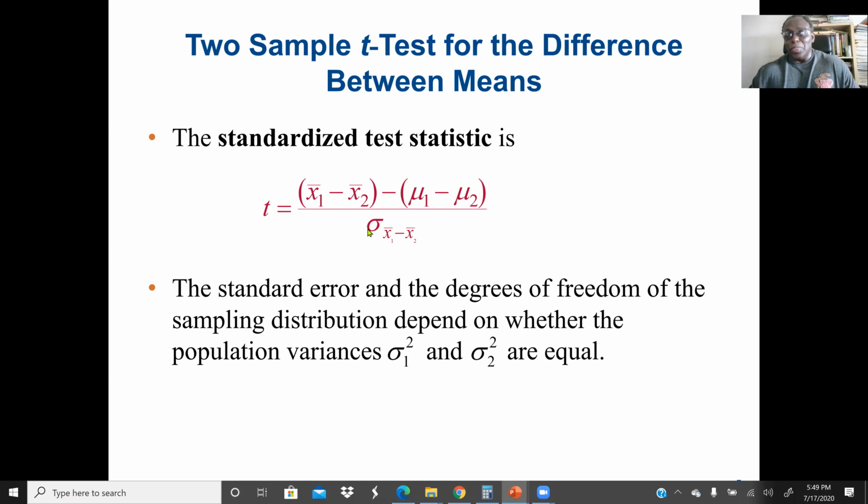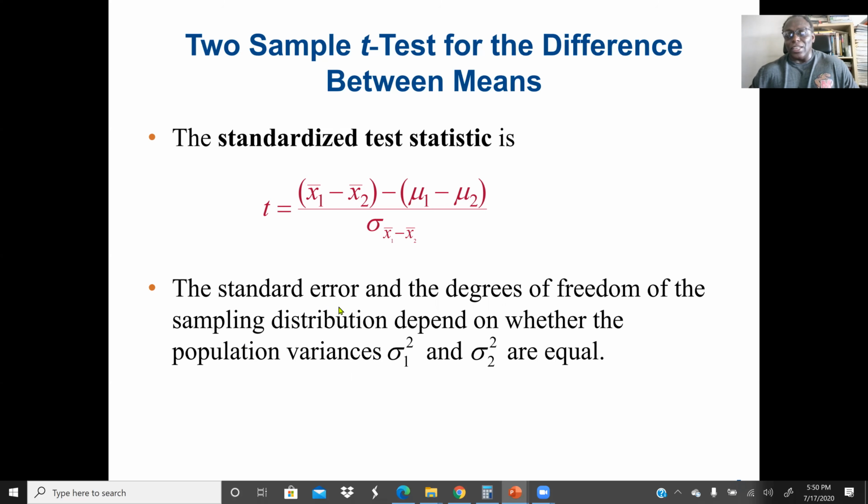For the z, we also have the difference of the sample means and the population means, but we divide by the standard deviation of the population. In the t-test, we divide by the standard error.